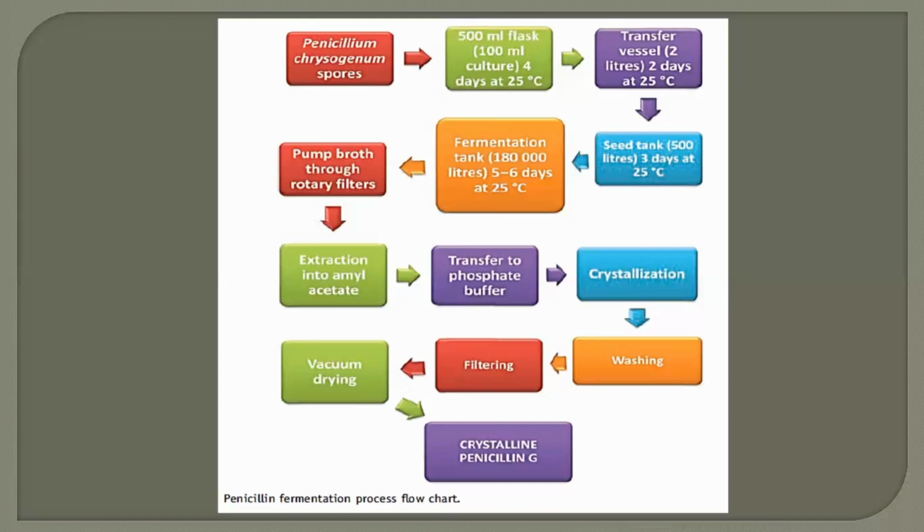Then you transfer to the phosphate buffer, and you will obtain crystals by the process of crystallization. Then you wash the crystals. Thereafter, you do the filtration again to remain with the crystals and to ensure that you are obtaining clean and purified product.